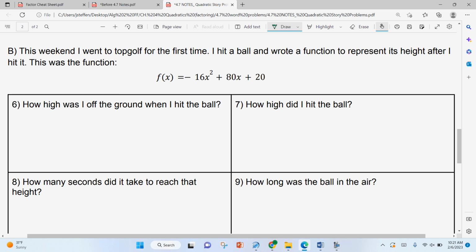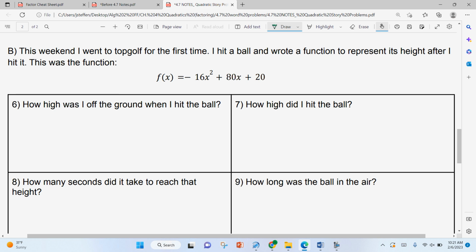But that negative 16 is your acceleration due to gravity. So I know, again, you don't need to know this at all, but if you're interested, if you drop something off a super high building, after the first second, it would go 16 feet. After the second, it would go 16 squared. After the next second, it would go 16 to the fourth, so on and so forth.